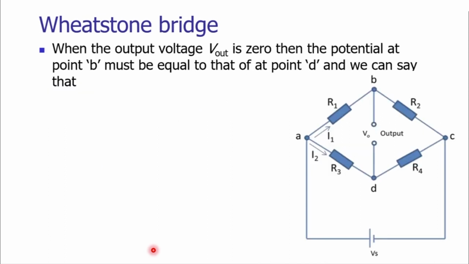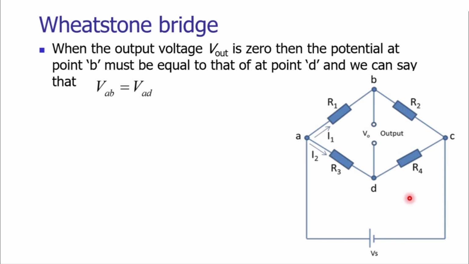As we have seen, when Vout, the voltage at the output terminal, is 0, the potential at point B and the potential at point D are equal.